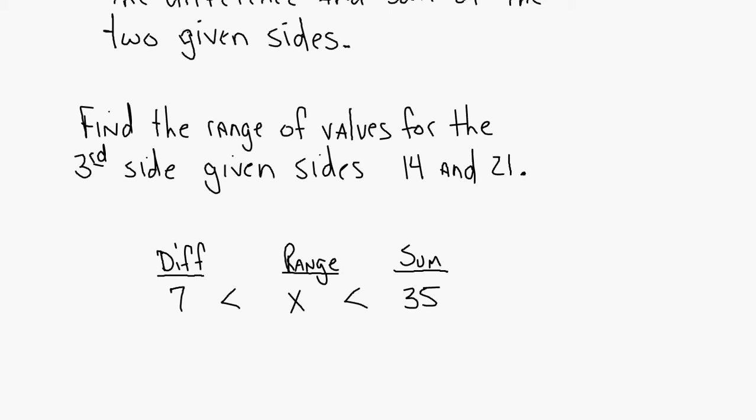It's got to be greater than 7. Does 35 work? No. Does 20? Yeah, 20 will work. So that's the shortcut to find the range of values when you're given two sides of a triangle. Any questions there?